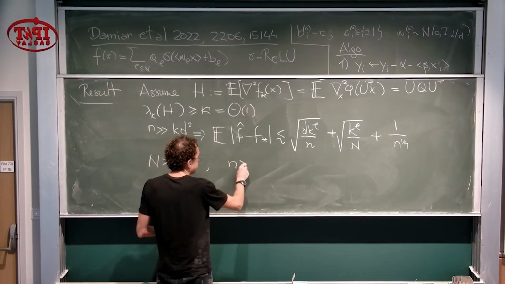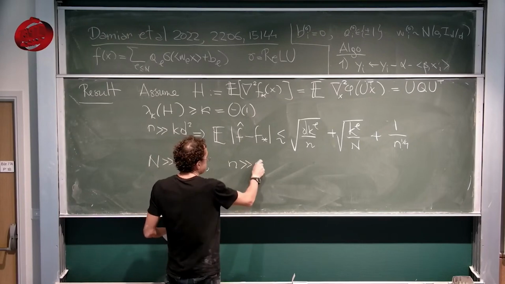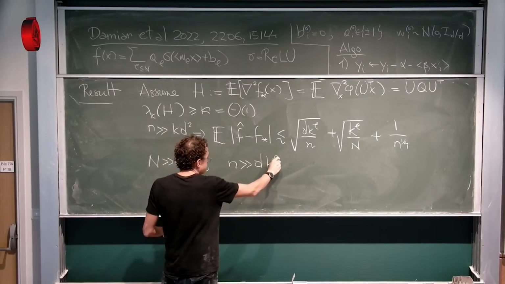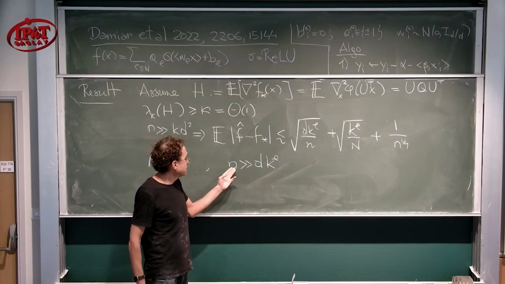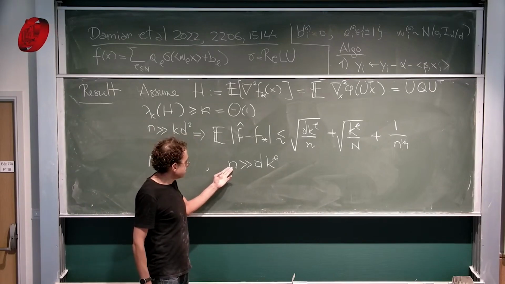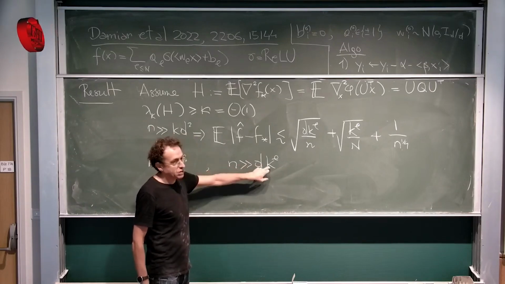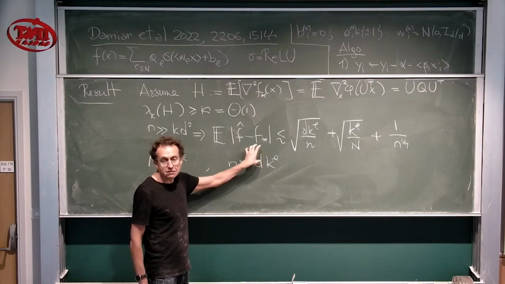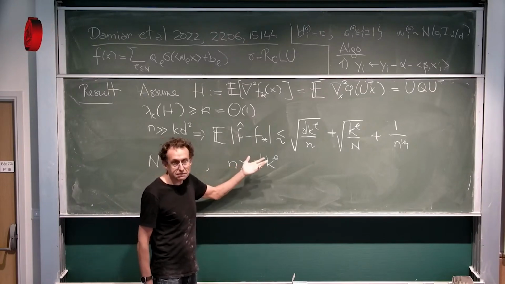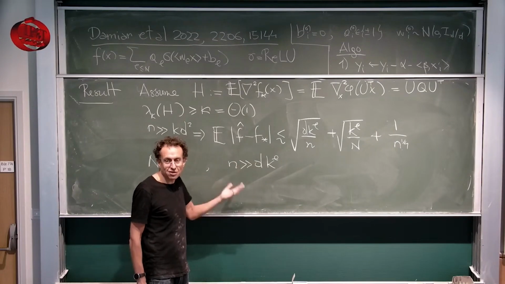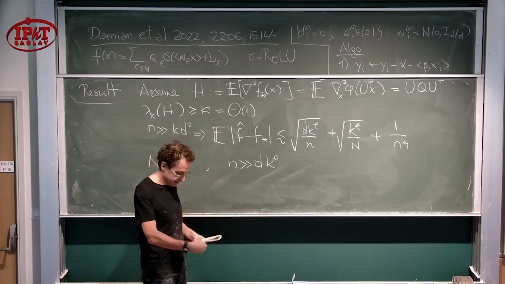The other condition is that the sample size is much bigger than d times k to the L. This is the same condition as if you are in dimension k, that you can fit polynomials of degree L by using, for instance, random feature models or kernel ridge regression.